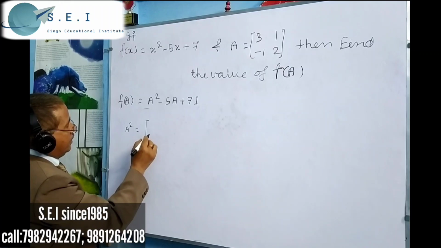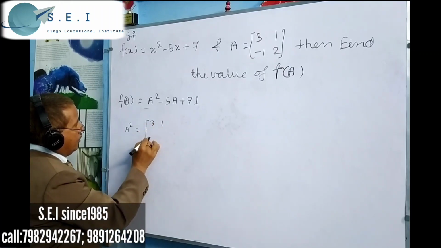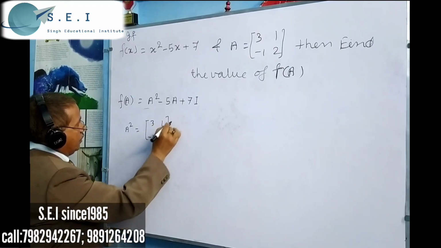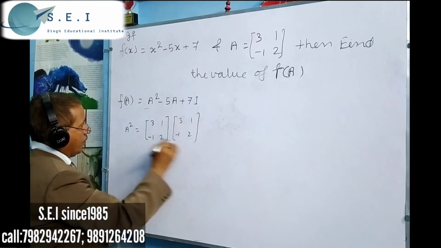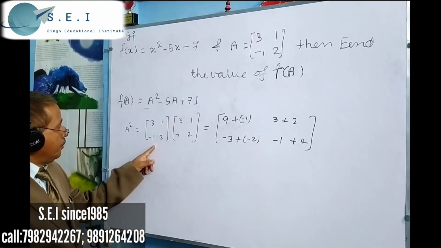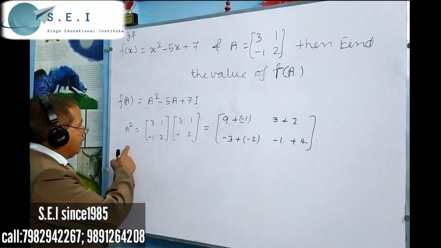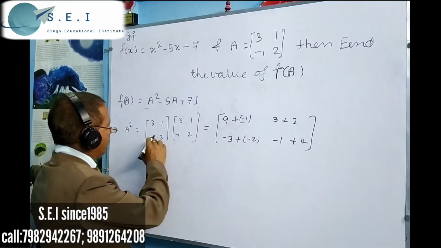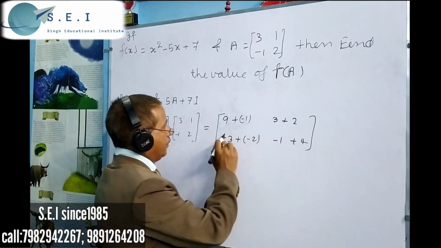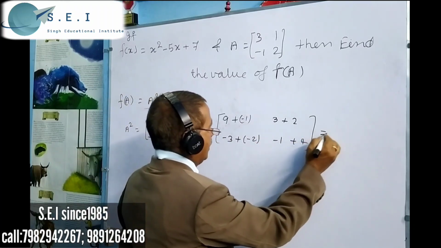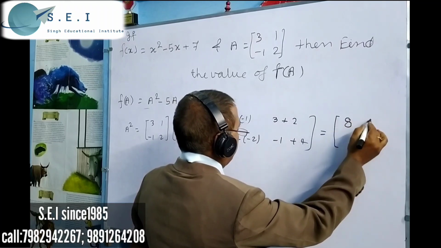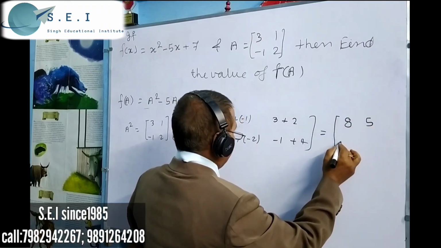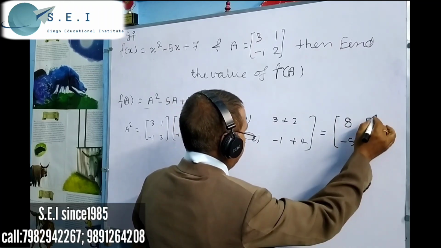So A square is [3 1; minus 1 2] times [3 1; minus 1 2]. By using matrix multiplication, we finally get A square equal to [8 5; minus 5 3].